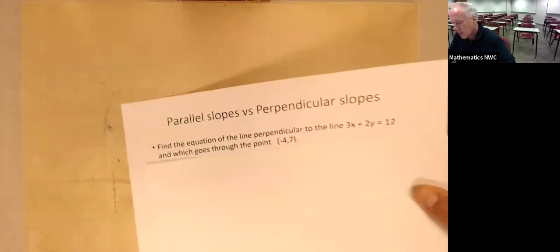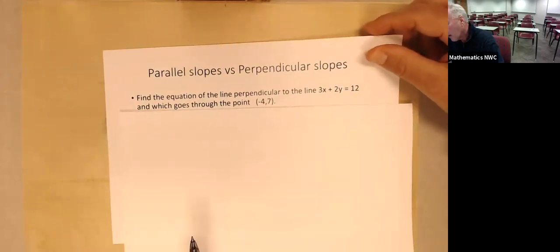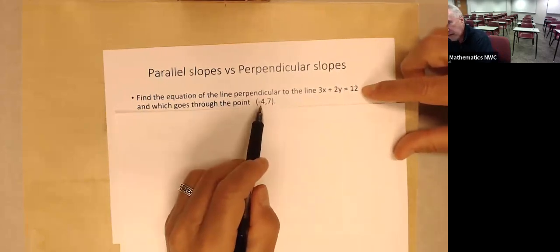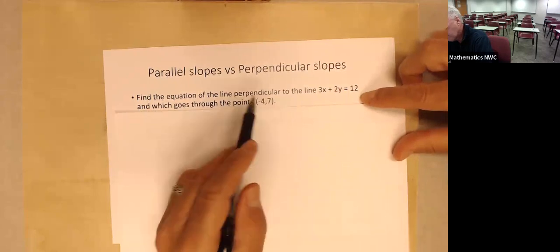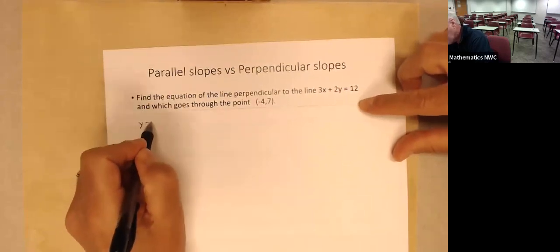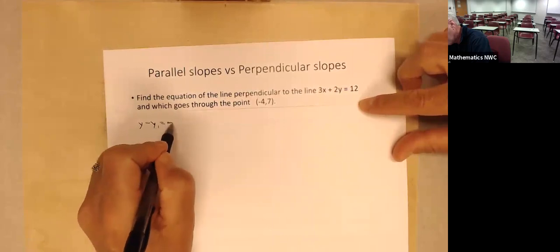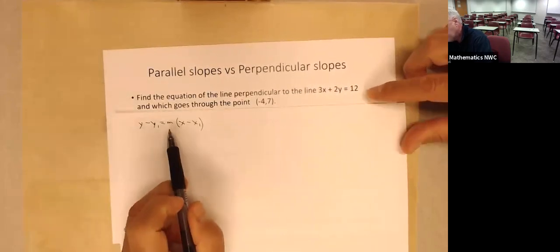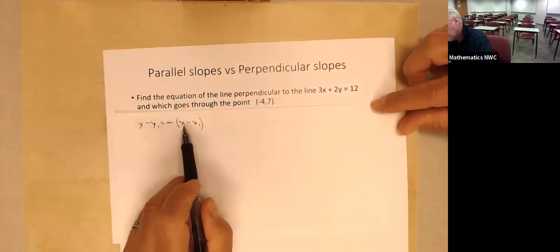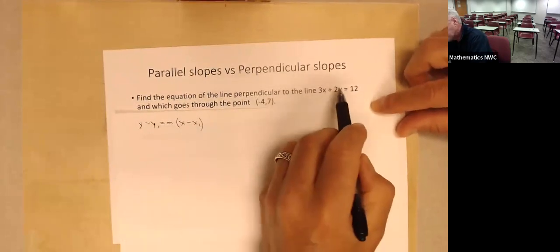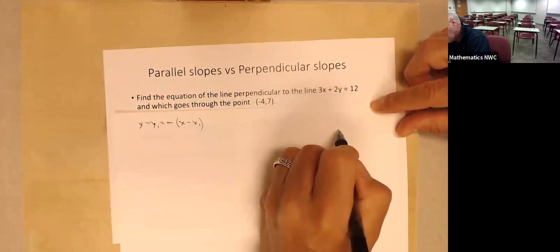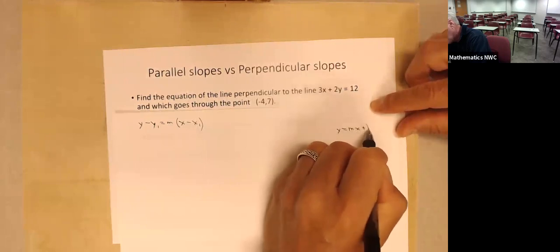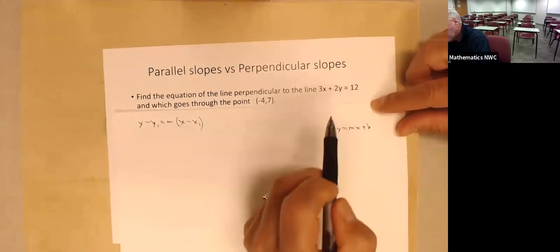Three of them, to be specific. Find the equation of the line perpendicular to that one, and it goes through some point. Well, first of all, some point means I need to use that point slope form, which we did earlier, but I need my slope. To get my slope, it has to be perpendicular to this slope. I need to solve this equation for y, because if it's solved for y, I can get the slope of that equation.